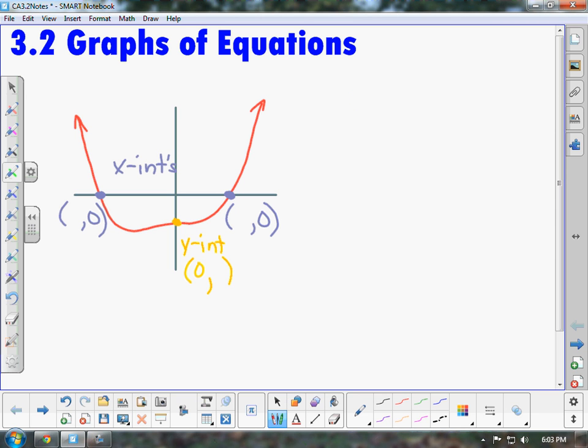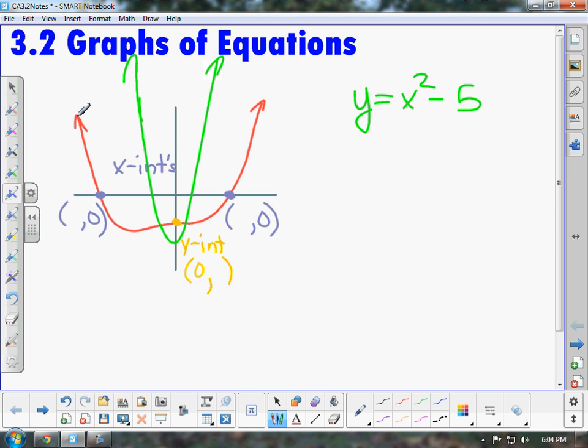Now, as an example, if you had y equals x squared minus 5, which is not this graph that I have drawn here, this is a graph of a parabola, which would be something like this. If you wanted to find the x-intercepts, then you would have to make y equal to 0.